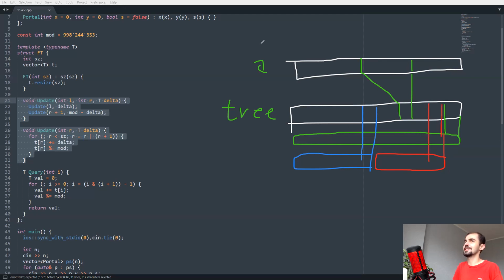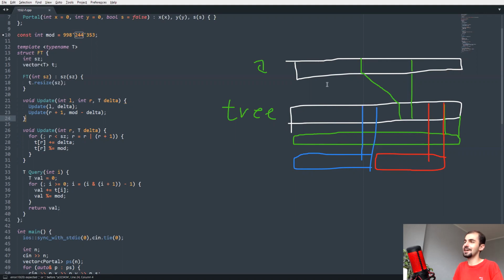Fenwick tree is very simple, but also a very strange data structure in terms of all the bit magic happening under the hood. One of the ideas that I've seen several times is that Fenwick tree is in a way a segment tree where we store only left children.